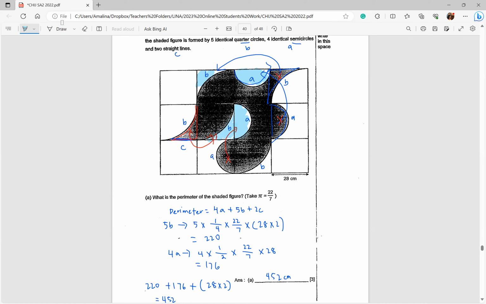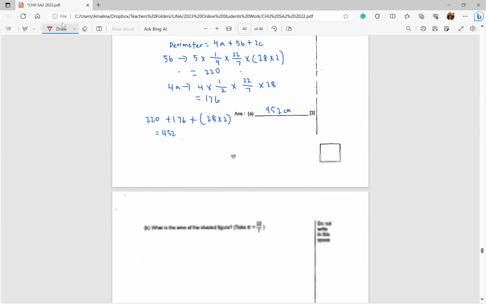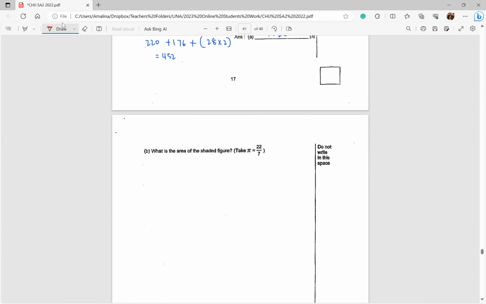So all these are crossed out. Do you see that what's left is four squares? These 4 squares are shaded, inclusive of this quadrant, because this quadrant got no partner. So the area of the shaded figure is your 4 squares plus your 1 quadrant.